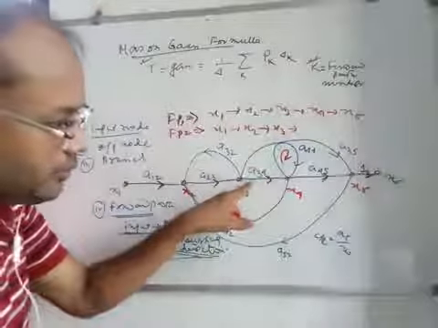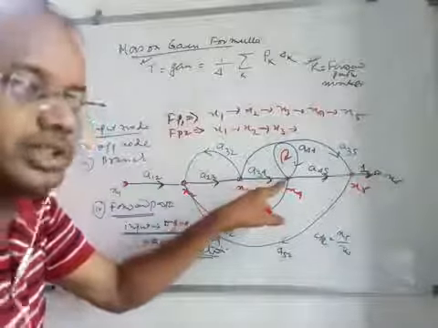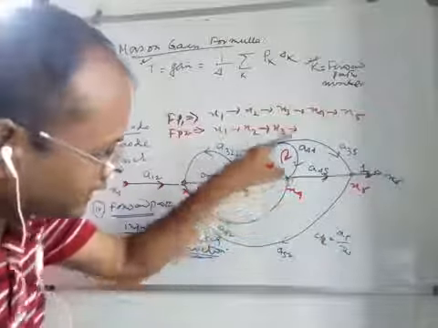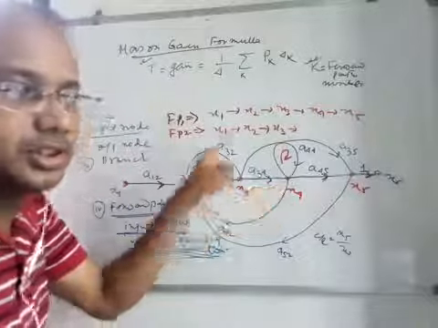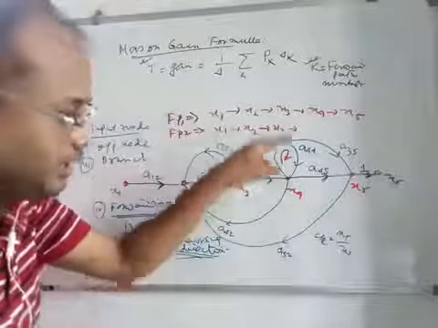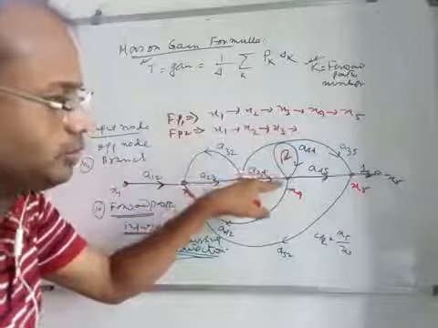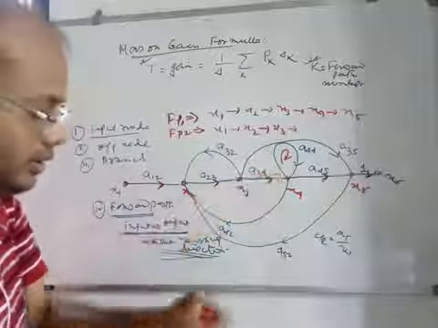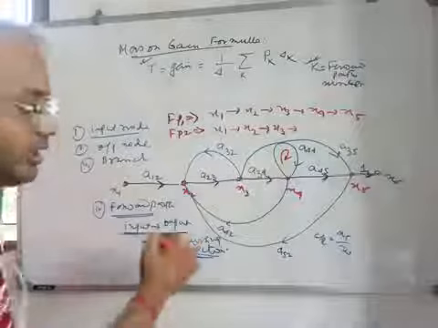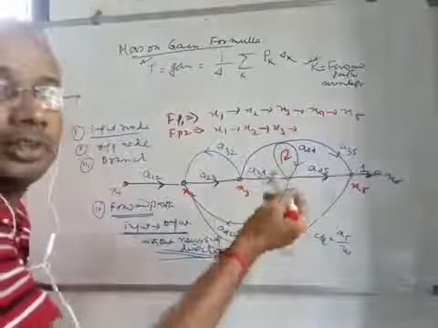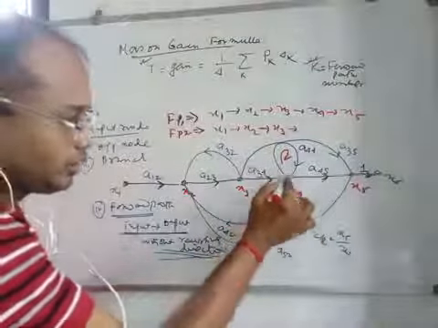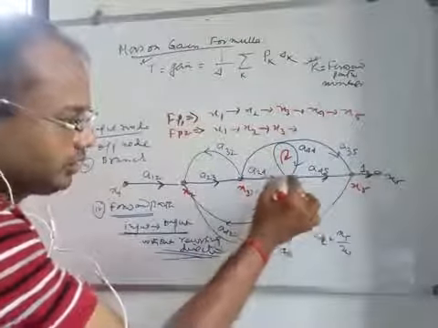Once you have reached from x3 to x4, x4 is used once, and again from x4 to x4 you have used the node again. So this is a loop formed here, which will not give you the forward path, because when you use a single node twice, the direction will be reversed. So this path cannot be considered. So this is not possible.